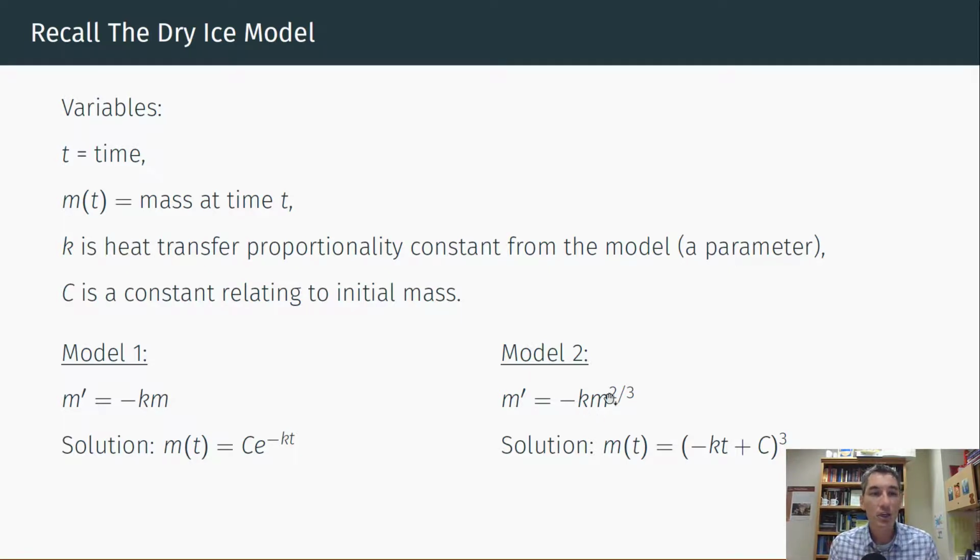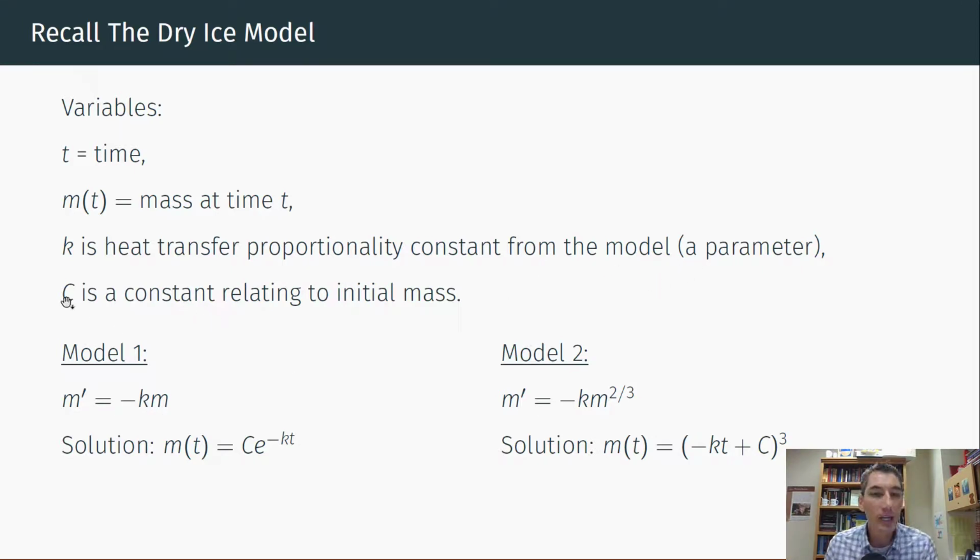But that K shows up as some sort of proportionality constant relating to the fact that we had dry ice dropped into water. If we had dry ice dropped into air or dry ice dropped into acetone, maybe we would get different K's there, or maybe dry ice dropped into warm water or dry ice dropped into lava, right? That K has to do with the materials involved.